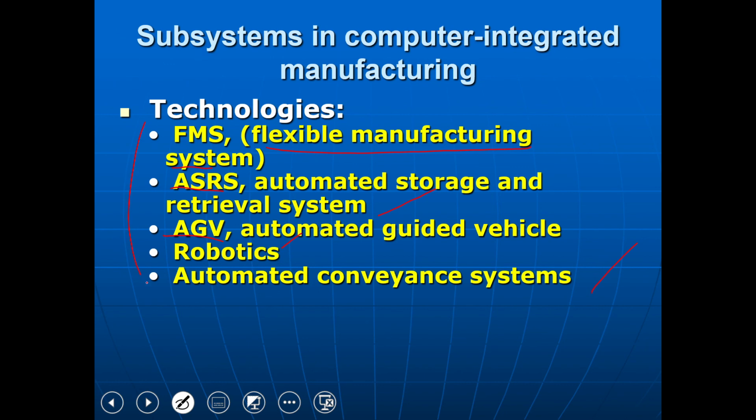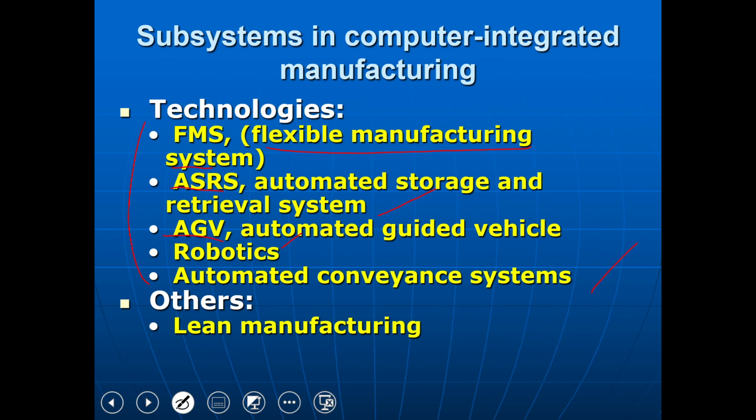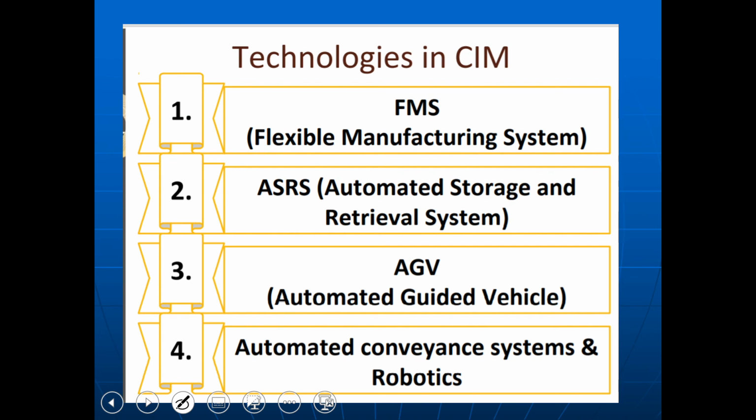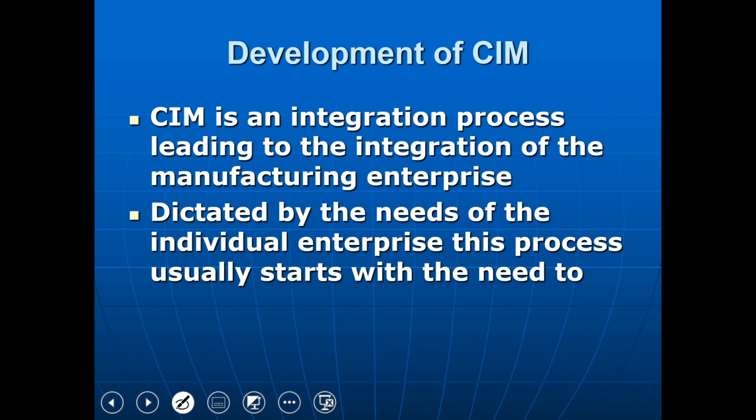That is all the technology involved inside CIM. And others also, we have lean to reduce waste. We have lean manufacturing. We will learn lean technologies later. So these are technologies, the development of the CIM.